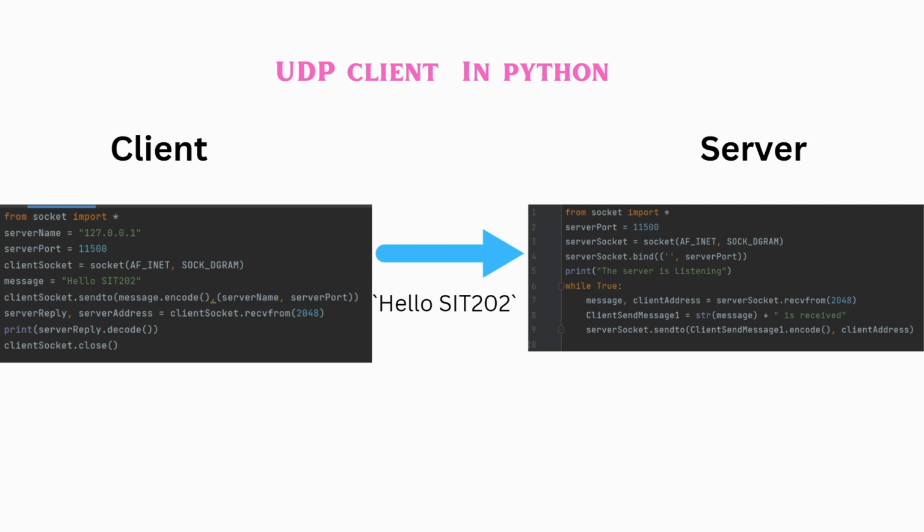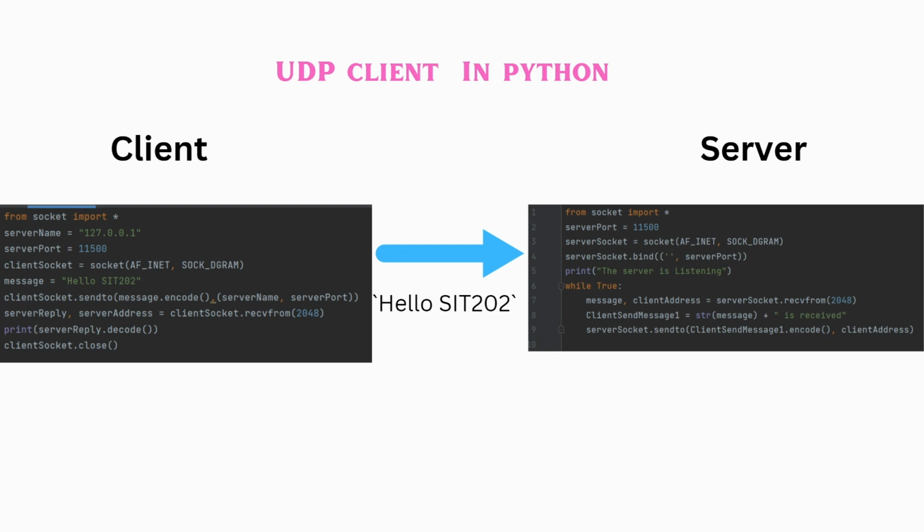A question may come to our mind: why do we use Python to send a message? Python is a very easy-to-use language, because in Python there are a lot of libraries that are already available to import easily. So that's why we use Python.